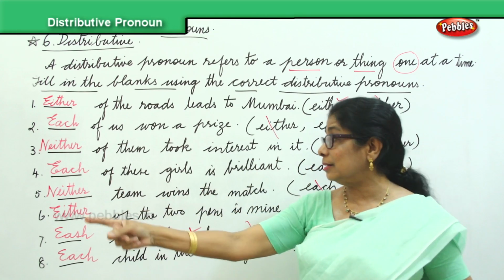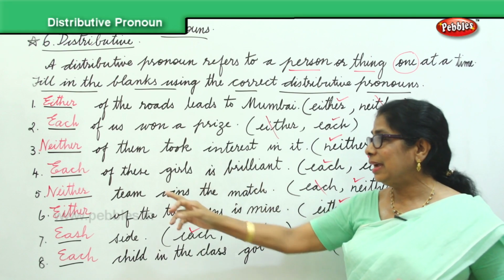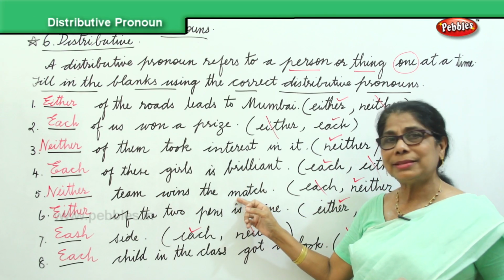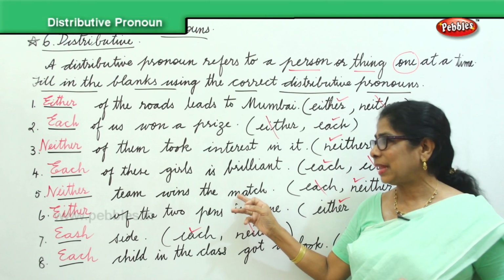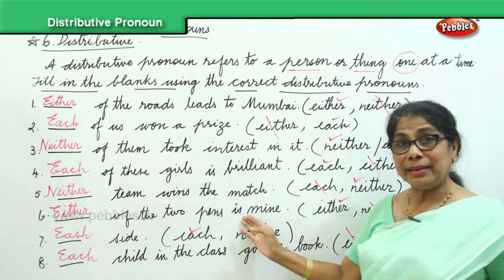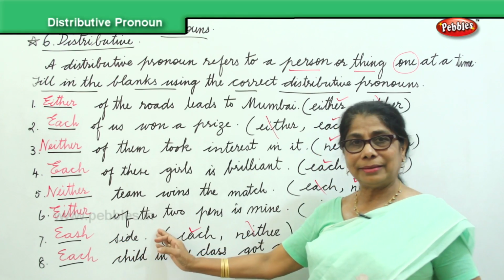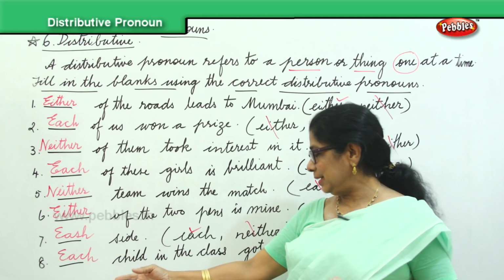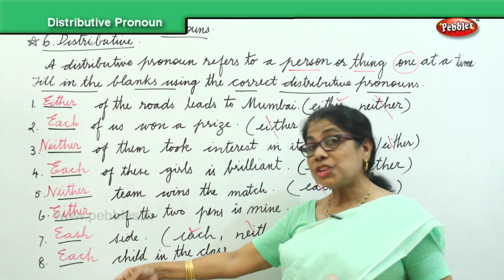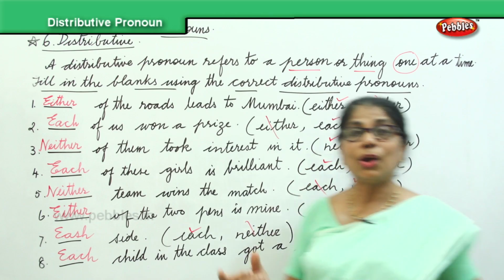Each of these girls is brilliant. Neither team wins the match. Then either of the 2 pens is mine. Each side. You want to say one side, say each side. Each child in the class got a book.